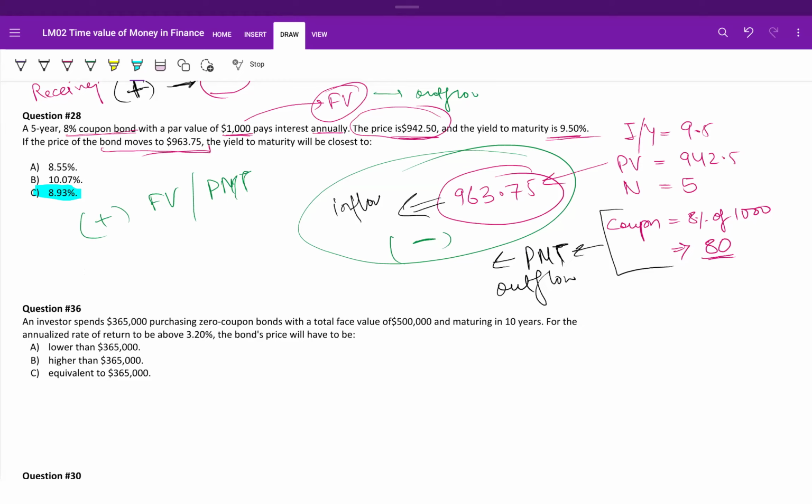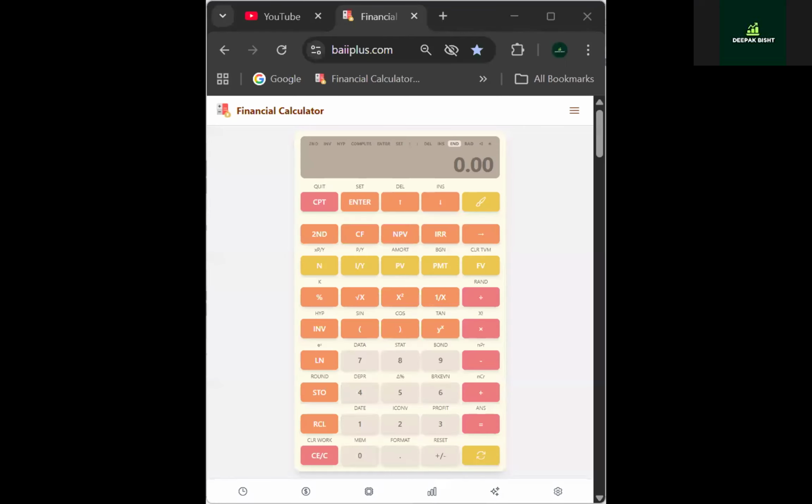The calculator will give you the exact value based on the numbers you have plugged in. Let me just show you. If you did not understand the question properly, and you used 942.5 as a negative number for the present value, and computed I/Y, okay, I need to refresh everything. 1000 is the future value, PMT is 80.